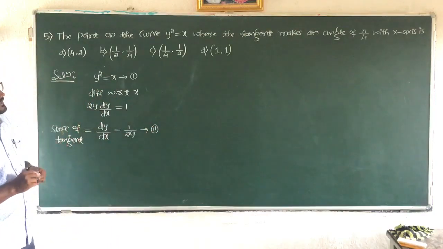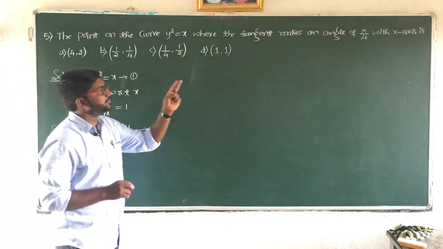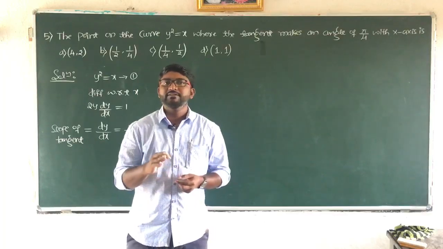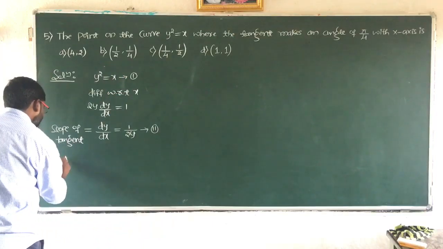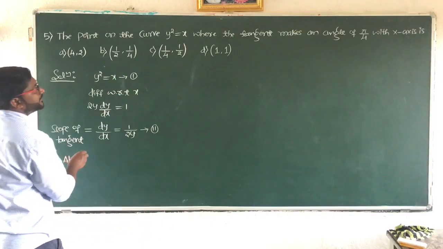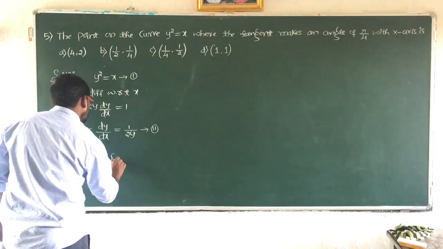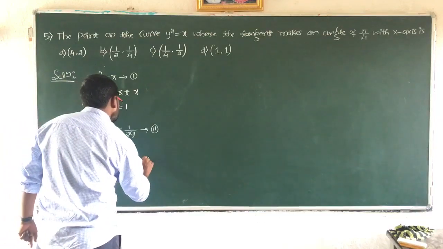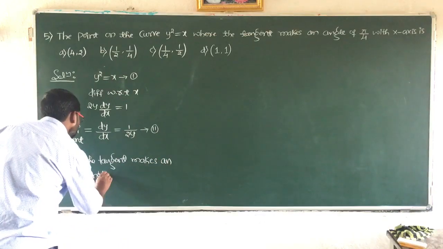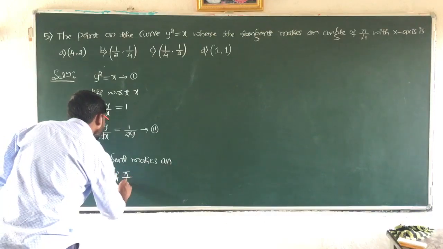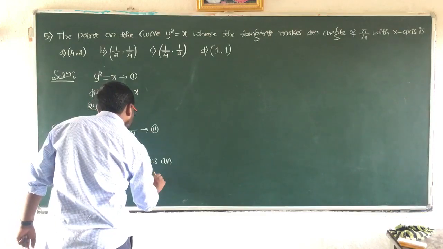So, next he has given that the tangent makes an angle of pi by 4 with the x axis. What is the slope of the tangent now? It is m equal to tan theta. So, also the tangent makes an angle of pi by 4 with x axis.